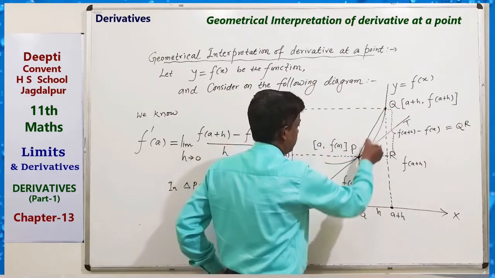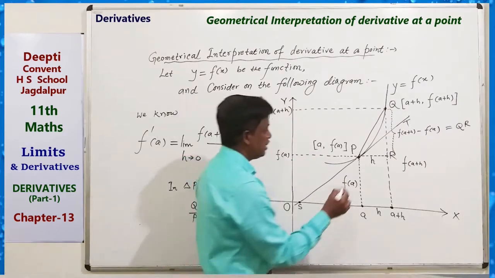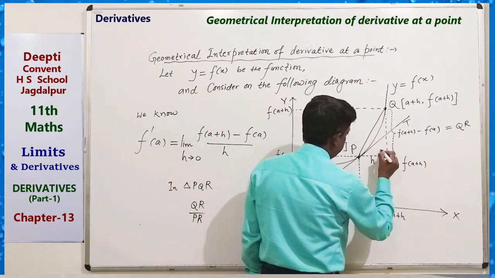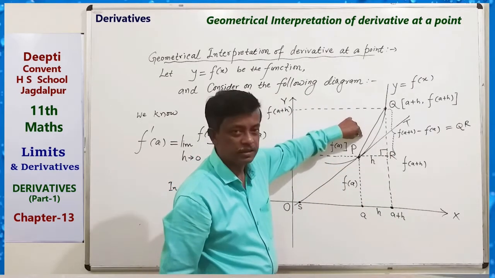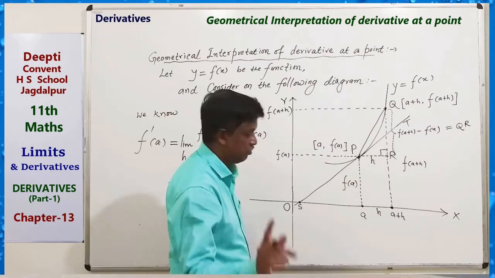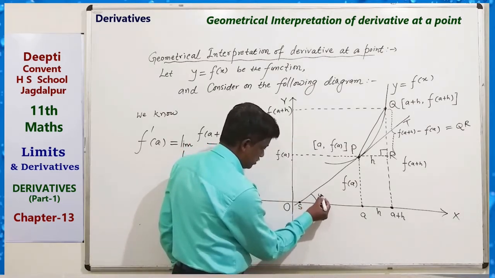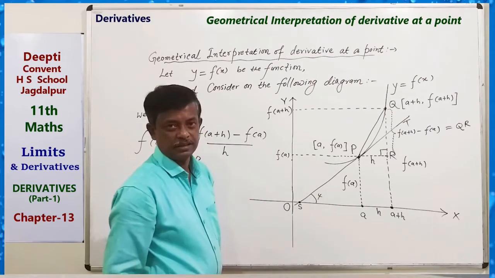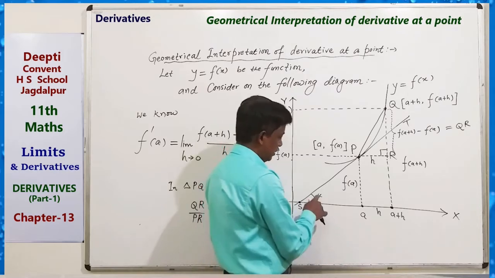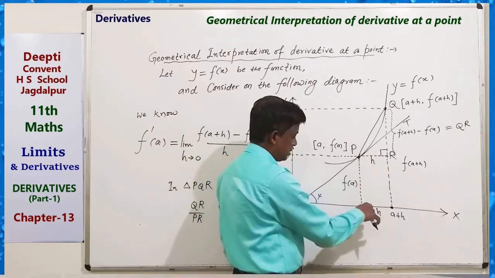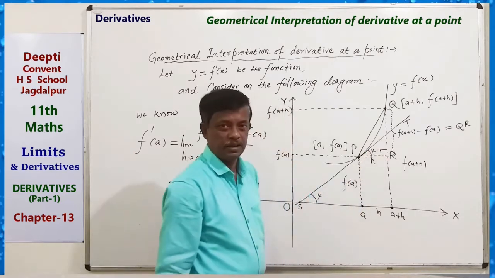So what? Here 90 degrees. This is 90 degrees, so this is the hypotenuse. Now, if this angle is psi, the tangent makes angle psi. And if this angle is psi, because these two lines are parallel, this is also psi.